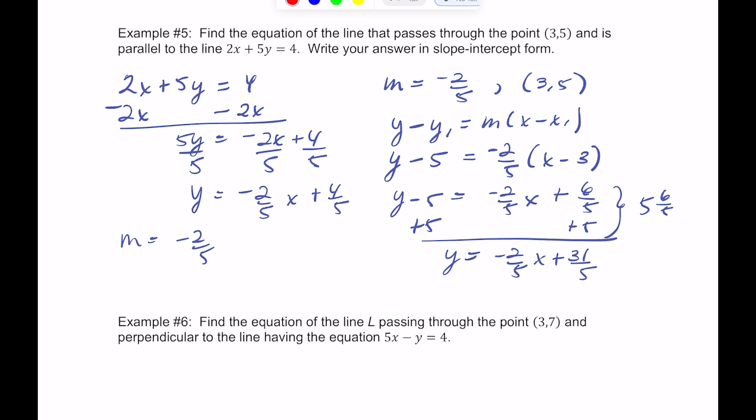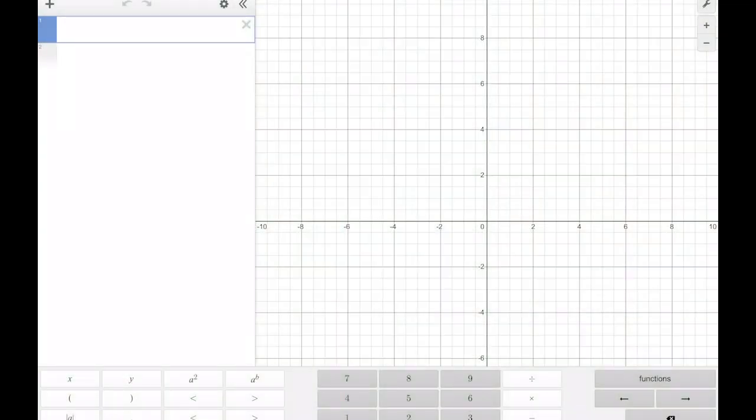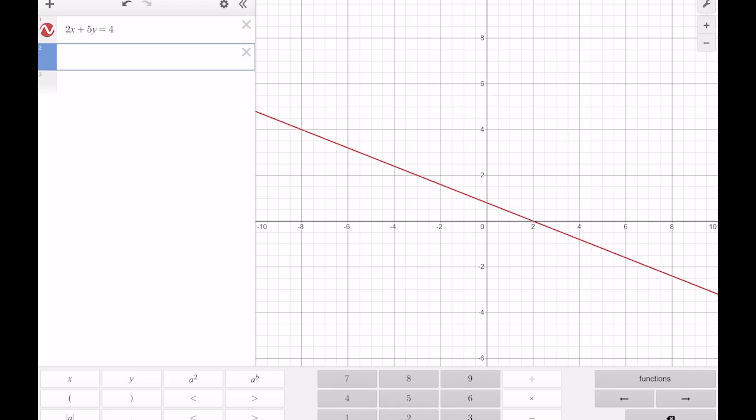And there you go. So if you were to graph 2x plus 5y equals 4, and then graph this line here, you would see that they are parallel. So I can show you, if you go to Desmos, which is a great free app that you can use. Here's my original equation, 2x plus 5y equals 4. And remember, I'm going to create a new equation that passes through the point 3, 5 and is parallel to that red line there.